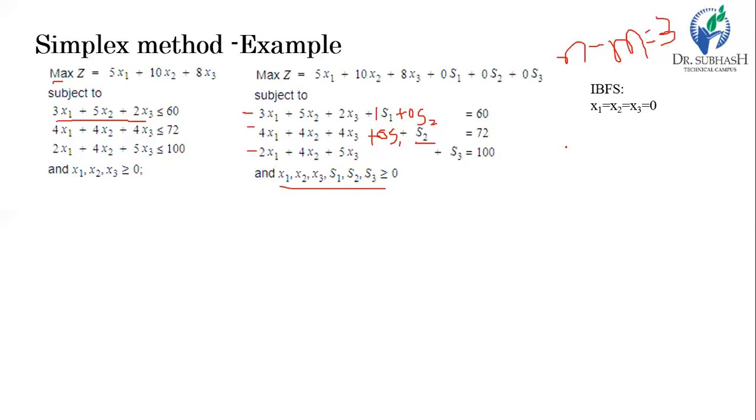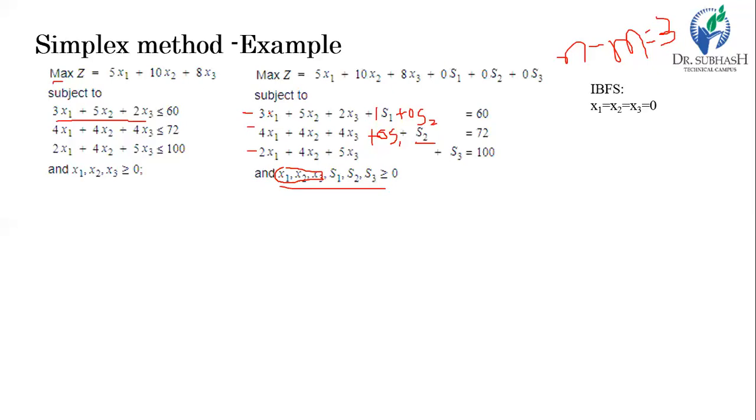So here we do not require that, and we will put x1, x2, x3 equal to 0. So putting the value of these 3 decision variables equal to 0, we get the solution by substituting in the constraints.